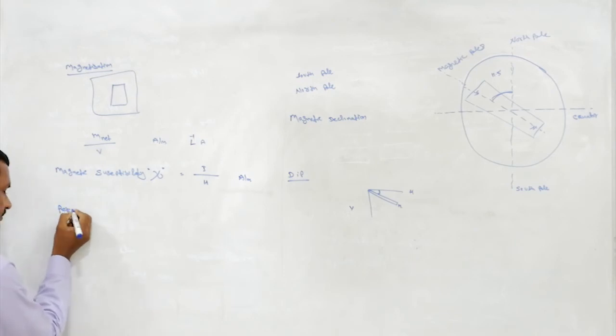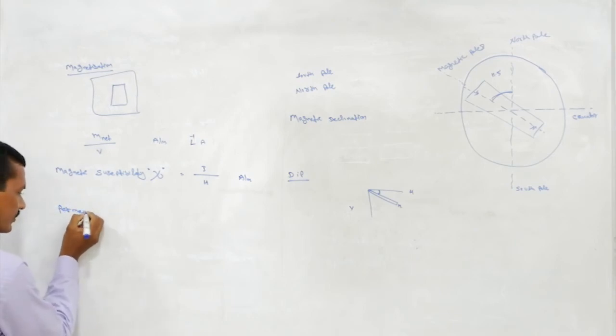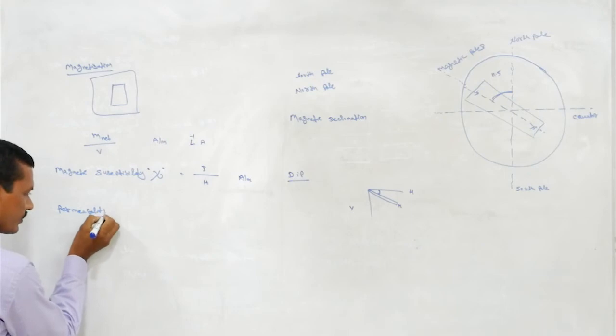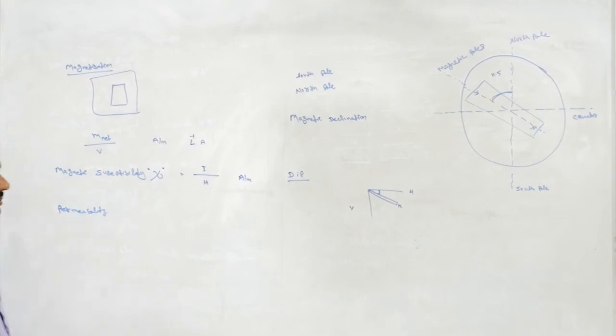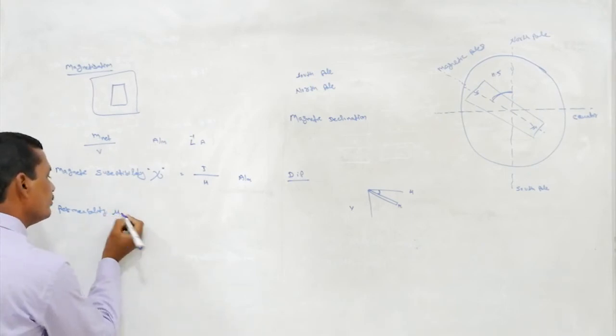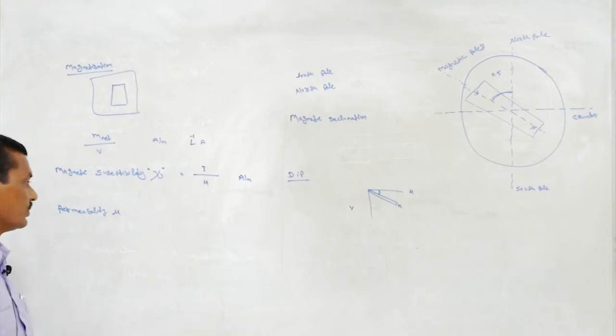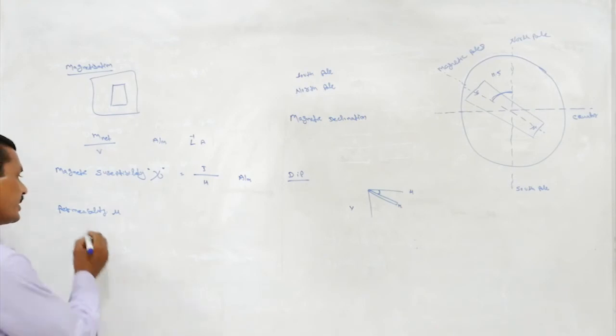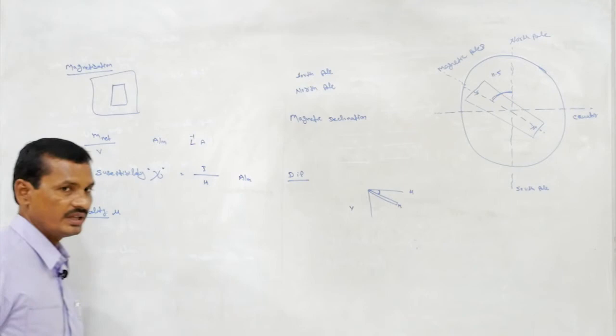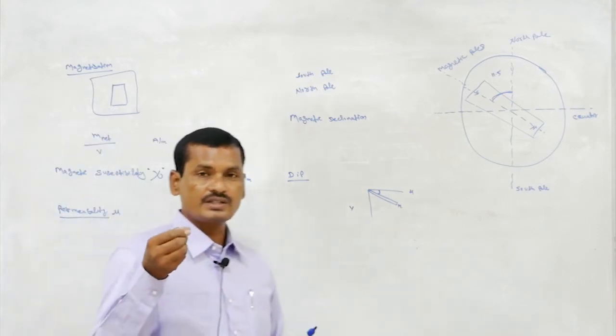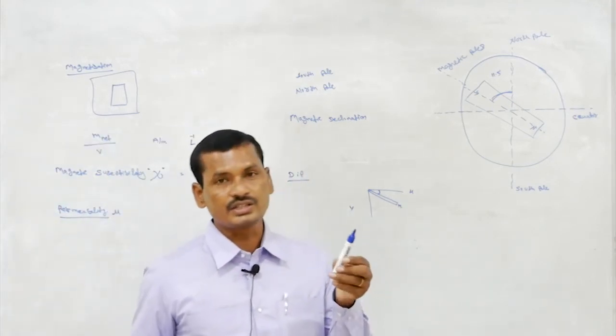Permeability. It is denoted by mu. The penetrating power of a magnetic field through any material is called permeability. For example, here is a bar magnet and this is a plastic pen.